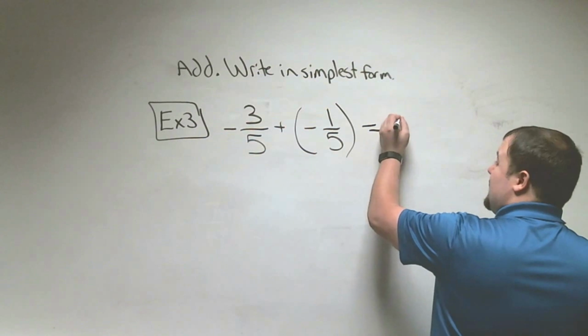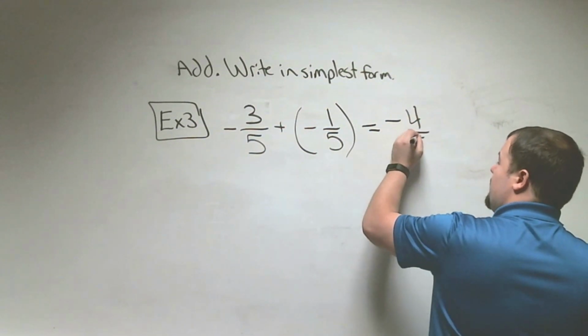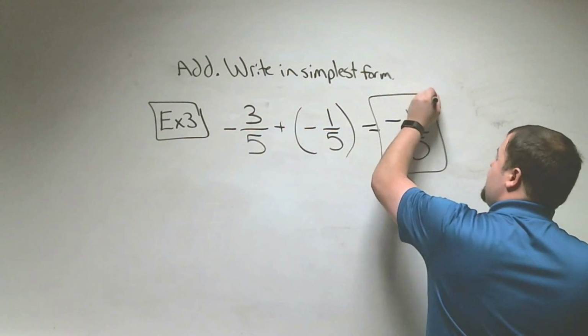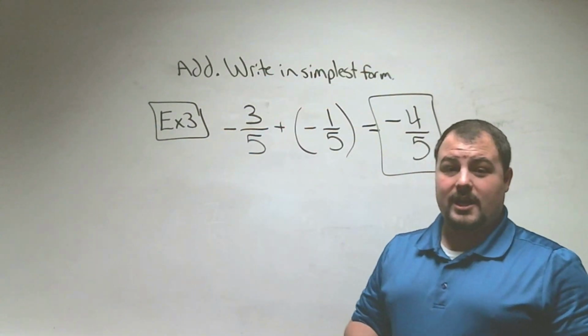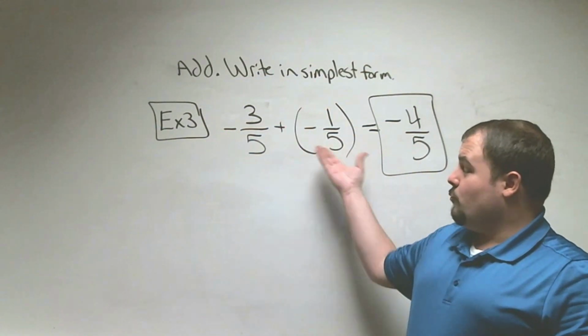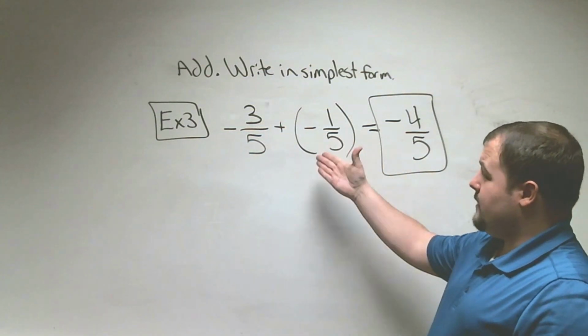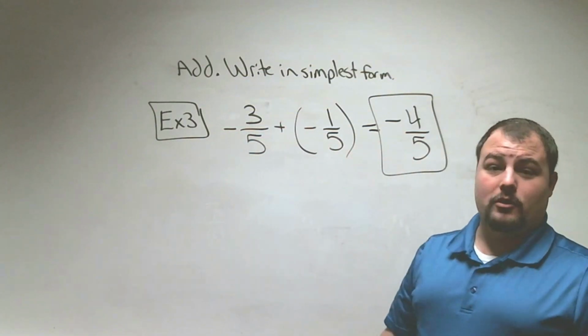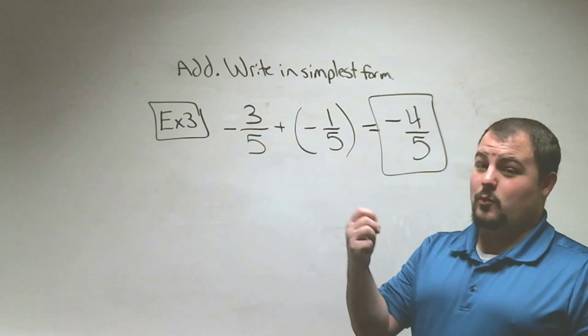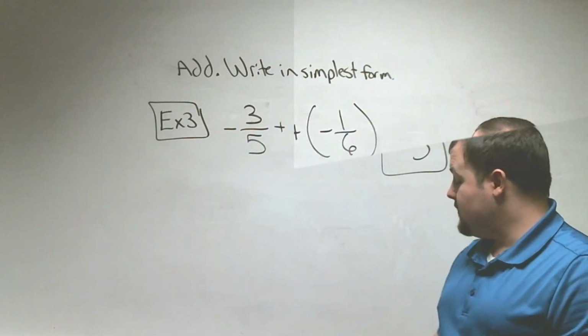So this means that my answer is negative 4 fifths. Two negatives adding together, we just add them together and keep the sign the same. We had 3 negatives, we add one more negative, we have 4 negatives.